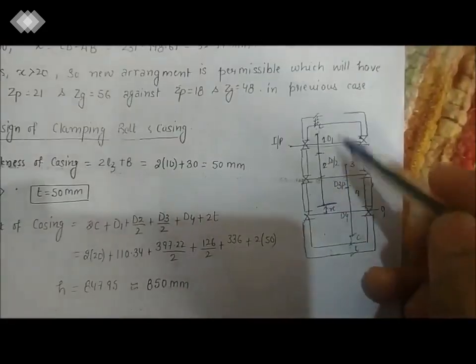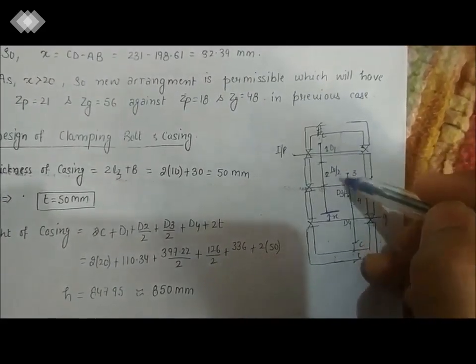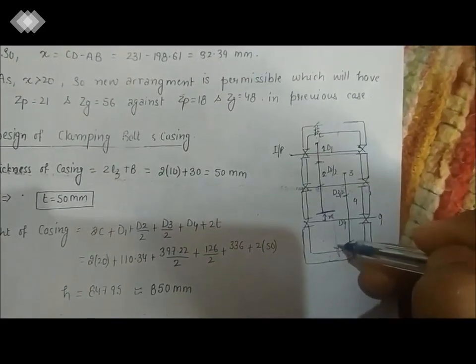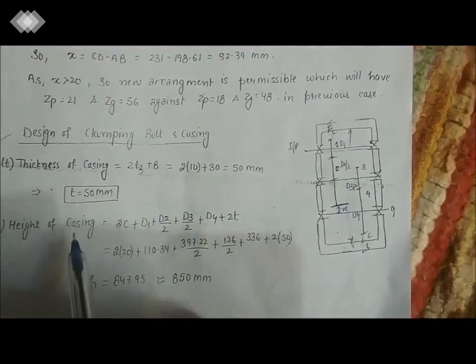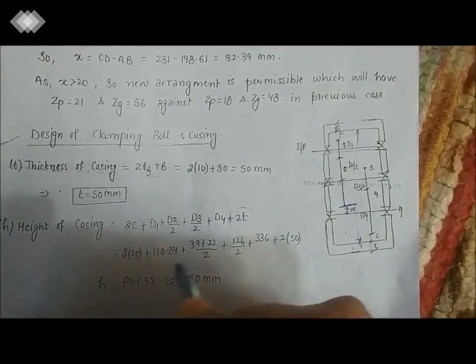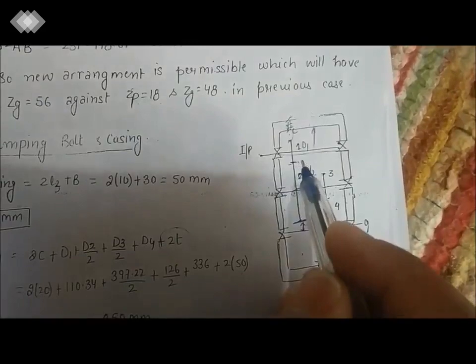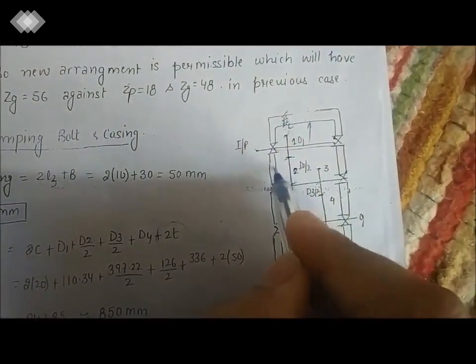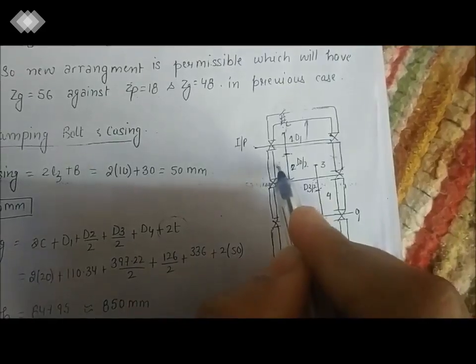In inner volume, what we are going to do, we just measure this much height of the casing. From this height of the casing, we are going to minus 2t, so we get the inner height of the casing. Similarly, from this length, we minus 2t and get inner length.